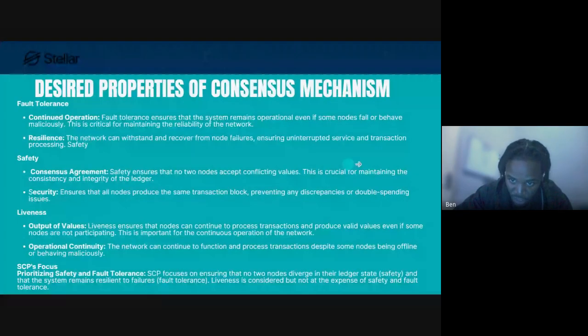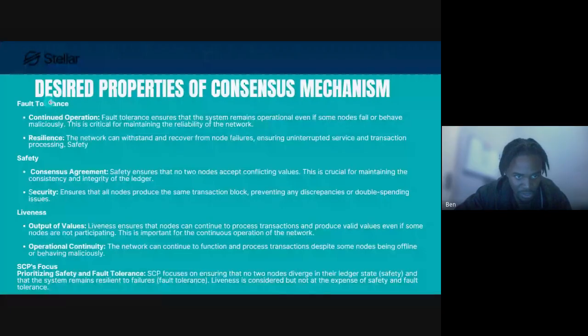This is crucial for maintaining the integrity and consistency of the ledger. And security: it ensures that all the nodes produce the same transaction block, preventing any discrepancies or double spending issues.